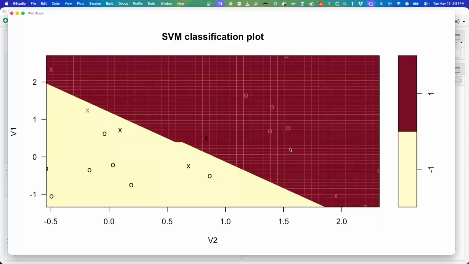Because we have that penalty term, the epsilons that allow the violations to happen. So how many violations are there in this graph? Two. Yes, that's right. We have one red point in the black point territory, and we have one black point in the red point territory. Okay?